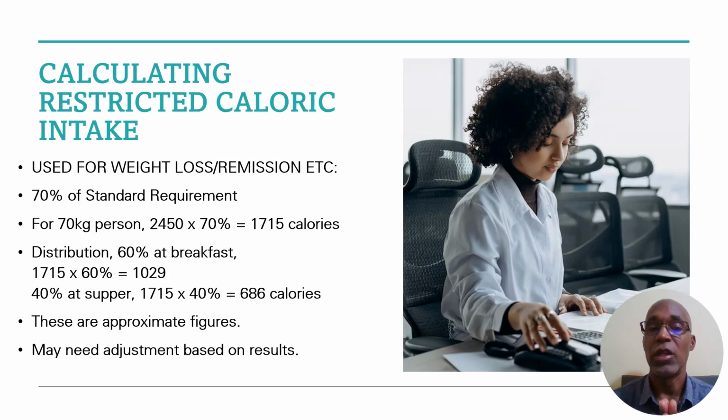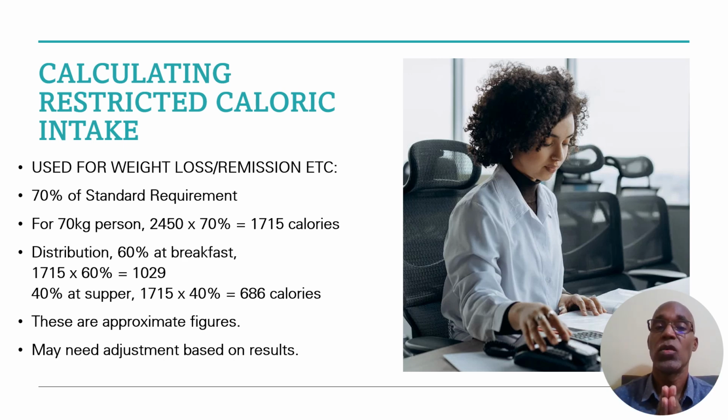After you work out the usual caloric requirement, the next thing you need to work out is the restricted caloric requirement. Now remember that we are working towards weight loss or diabetes remission. So a person who's working towards those goals, you have to do some restriction of your calories in order to achieve them.